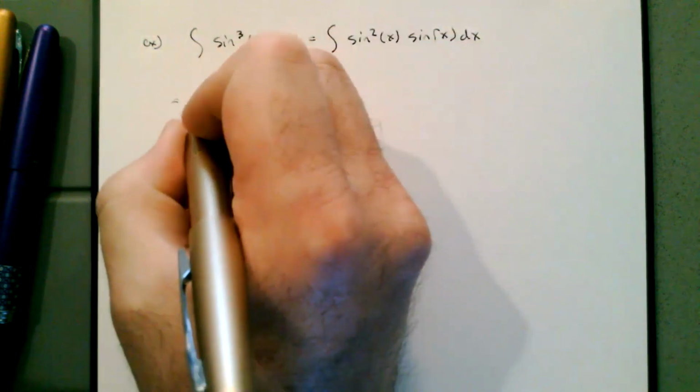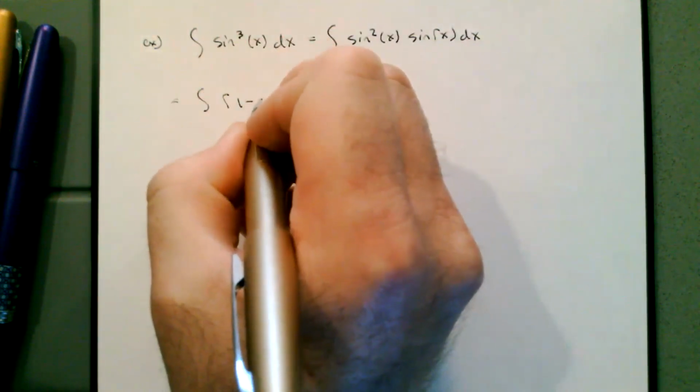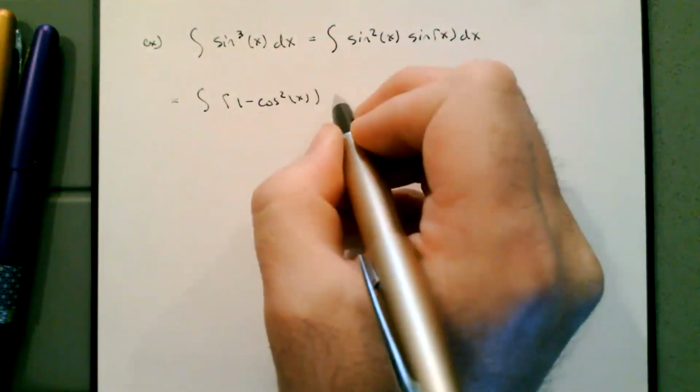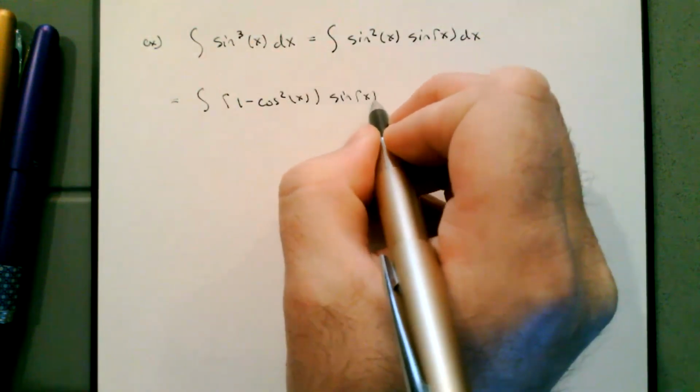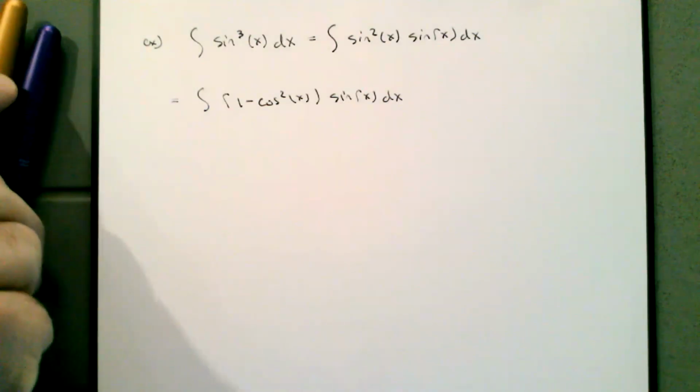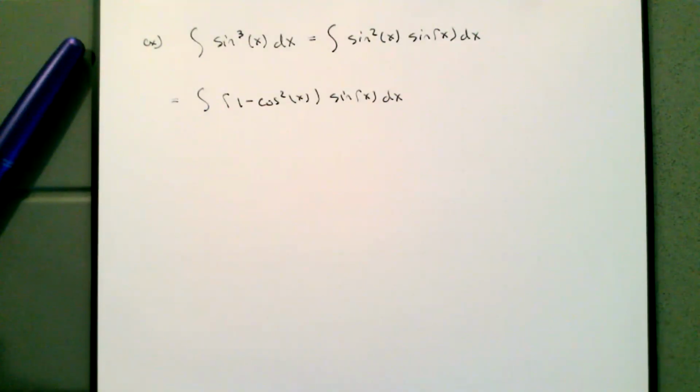So this is equal to the integral of 1 minus cosine squared x times sine x dx. So because I had an odd power of sine, I could save one to be the dw for a cosine substitution.